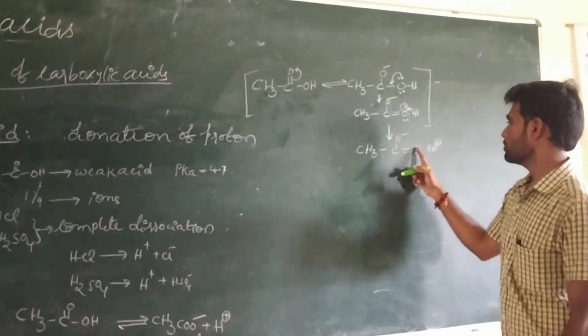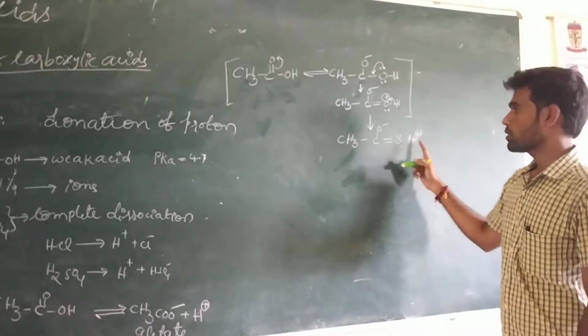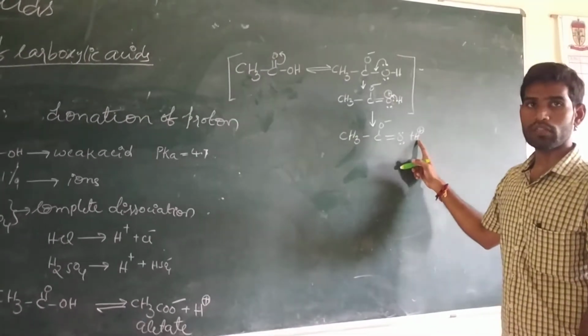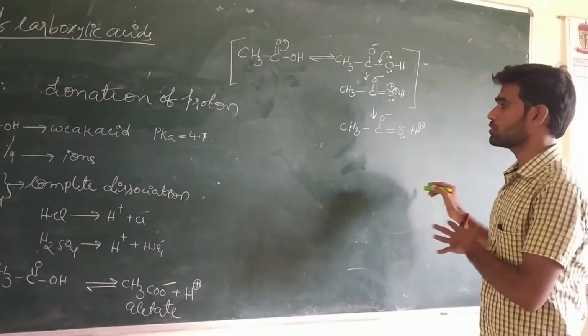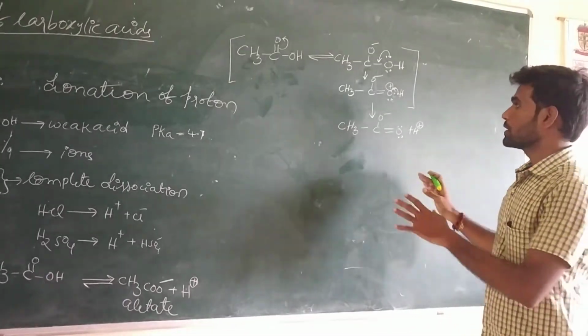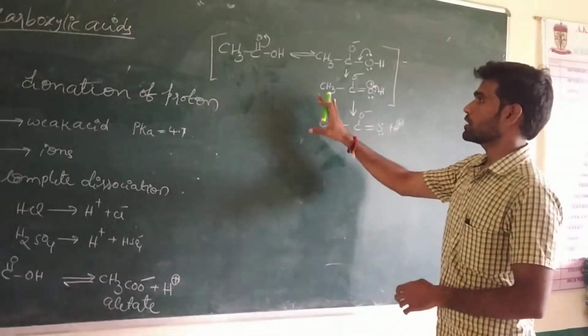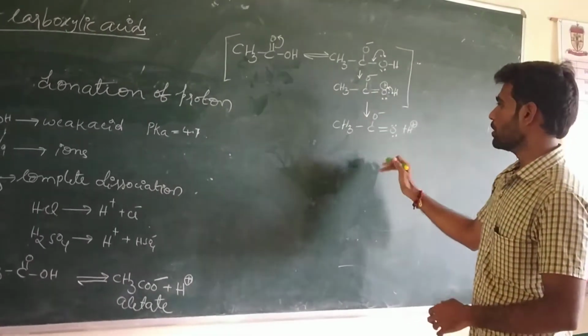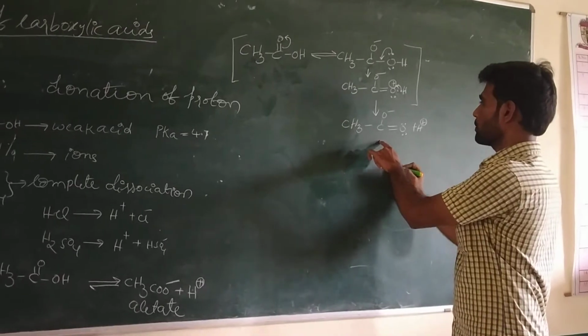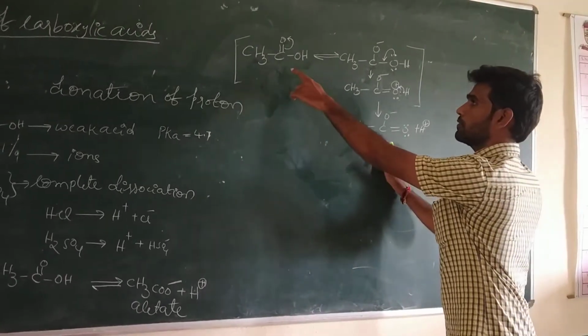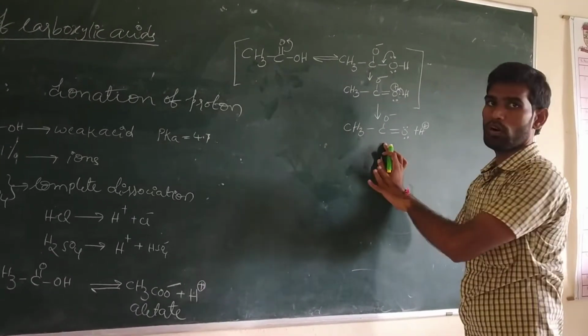Now the oxygen atom has its lone pair of electrons, and hydrogen is eliminated as an H plus ion. So the H plus ion is released into the solution. This is the ion formed after dissociation of acetic acid in water.